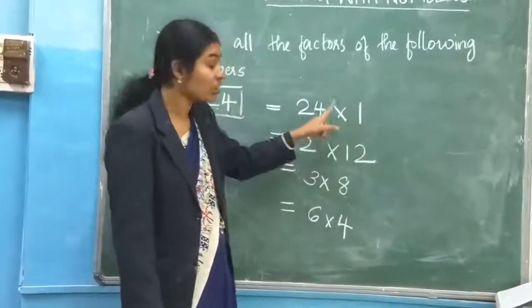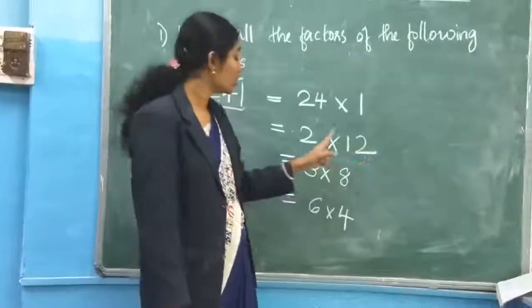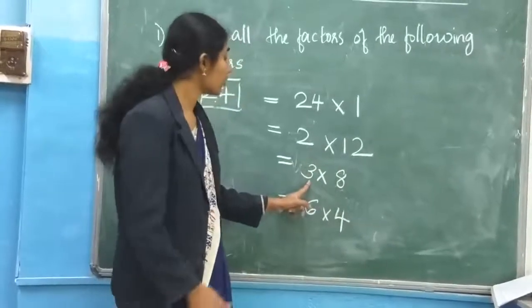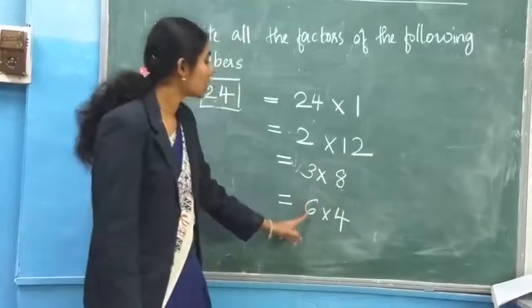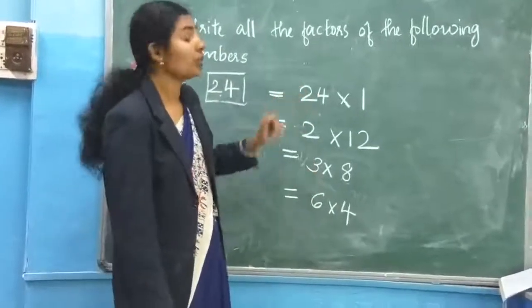So which are the factors of 24? 1 is a factor, 24 is a factor, 12 is a factor, 2 is a factor, 8 is a factor, 3 is a factor, 4 is a factor, 6 is a factor. All these factors you should write down.